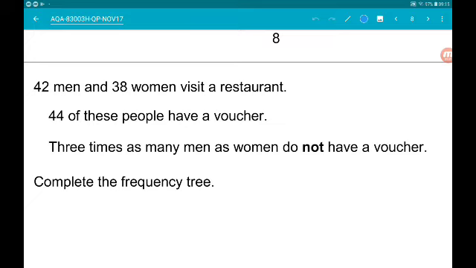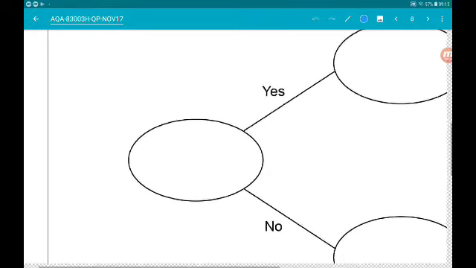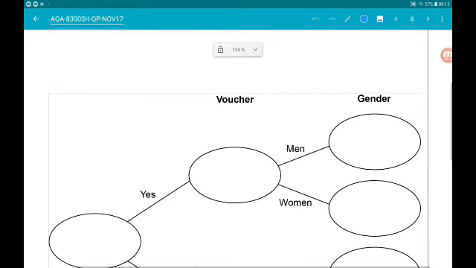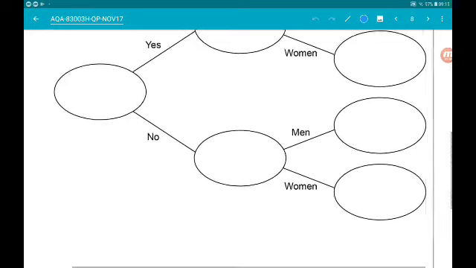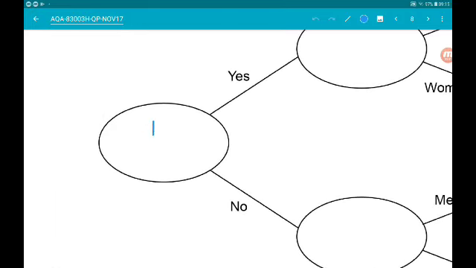So, 42 and 38 is 80. So the first number that we want to put in is in here. This thing gets split up into people that have a voucher and don't have a voucher. So we're putting 80.